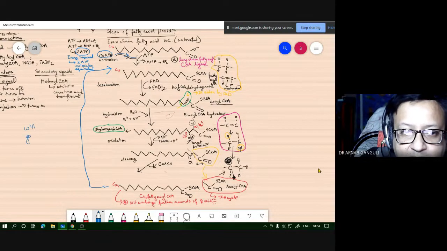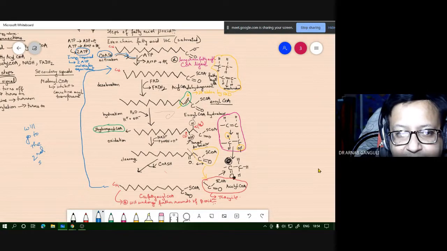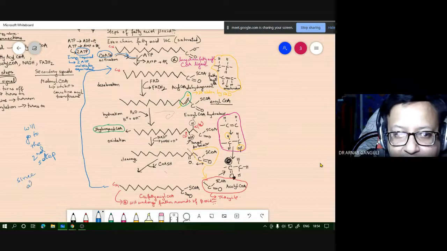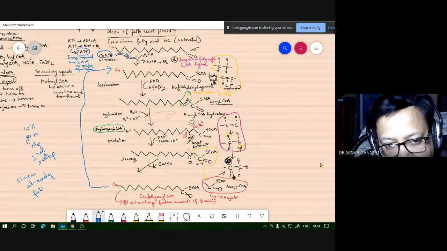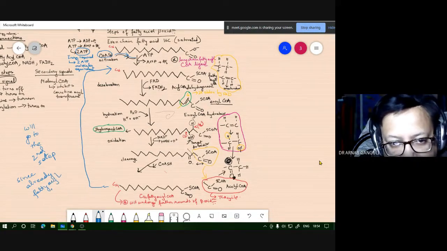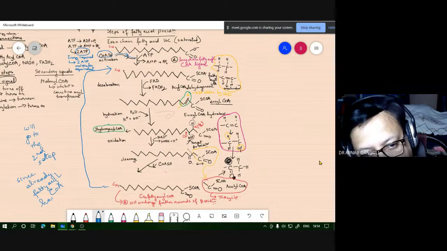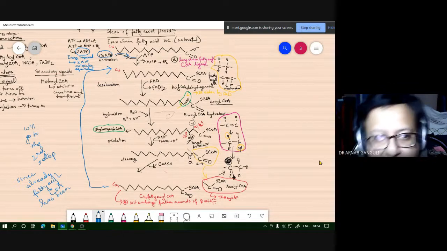It will go to the second step, since already fatty acyl CoA has been formed.